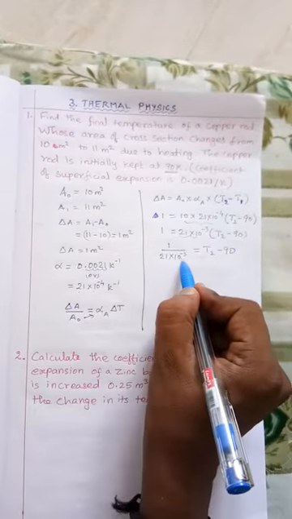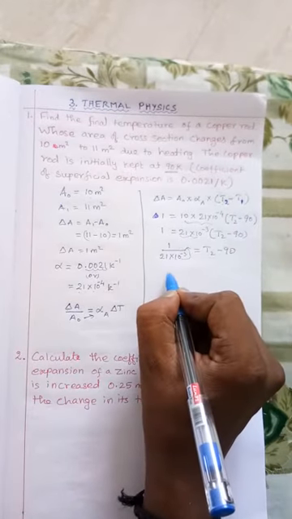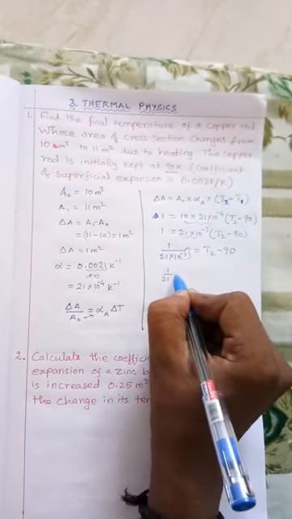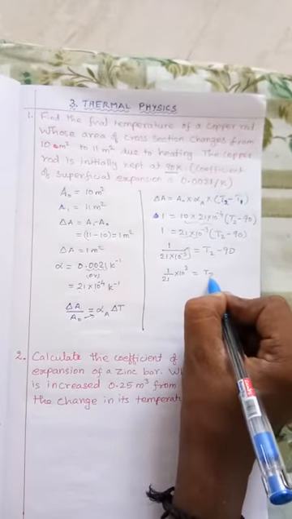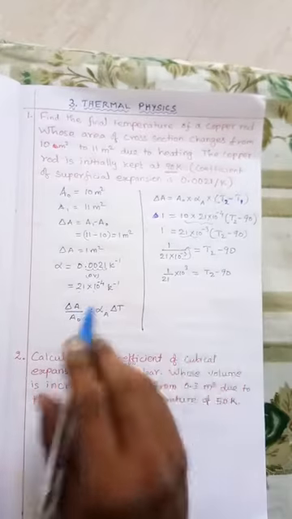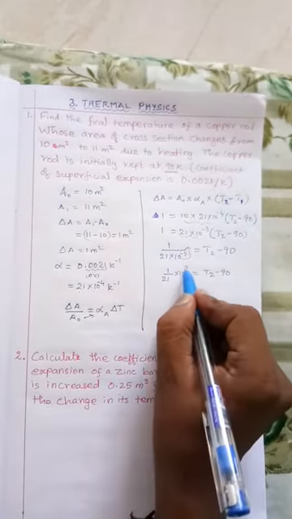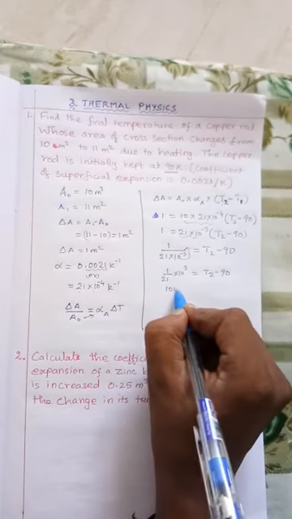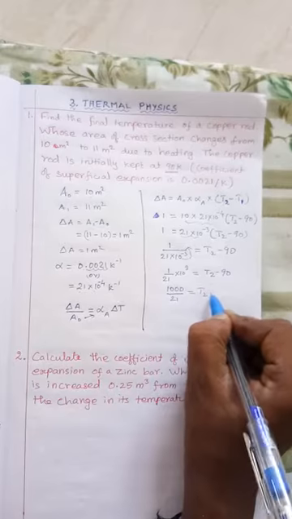Taking the 10 to the minus 3 to the numerator, 1 by 21 into 10 to the power plus 3 is equal to T2 minus 90. 10 to the power 3 is nothing but 1000, divided by 21, is equal to T2 minus 90.